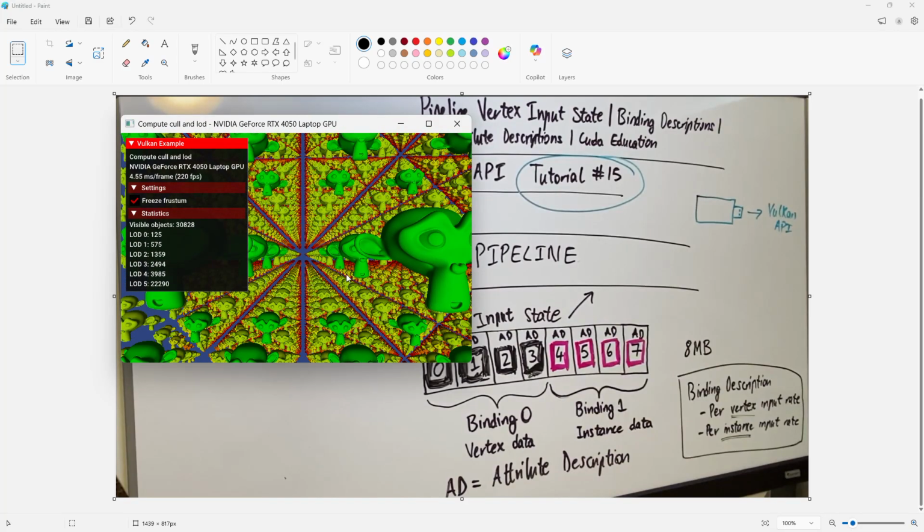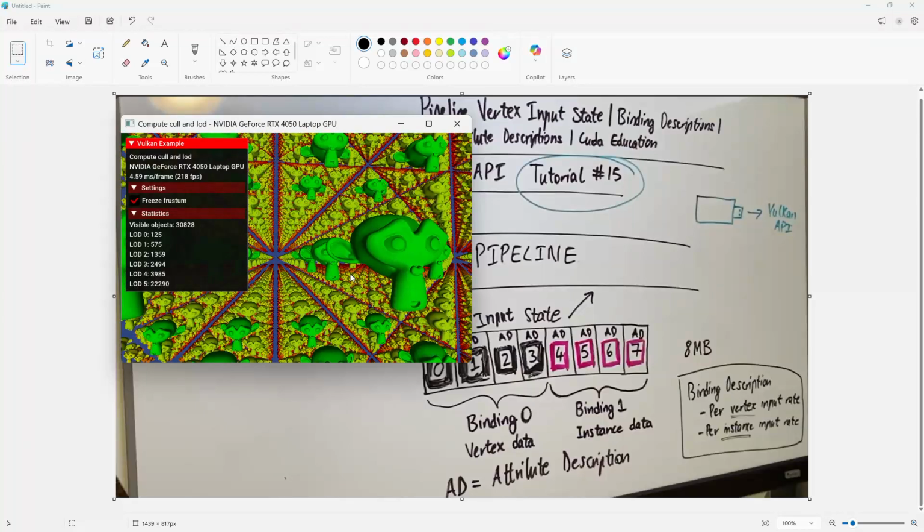All right, so on the instance side of it now, these 4 blocks, 4, 5, 6, and 7, we're not consuming on a per vertex basis. So it doesn't care about how many vertices are involved in creating this object. What it does care about is per instance.